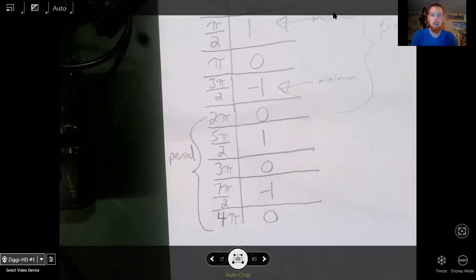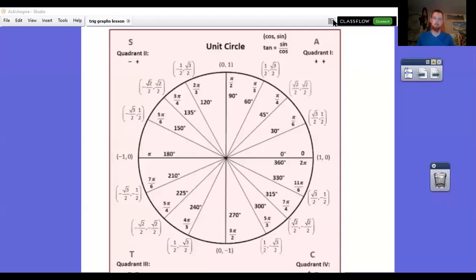And lest we get too one-sided and favor sine too much, what if we think about cosine? You may have noticed this whenever you were making your unit circle project. The values for sine and cosine are very closely related. At pi over 6, you've got √3/2 for cosine and 1/2 for sine. If you go up to pi over 3, they're the same values, just flip-flopped, right?